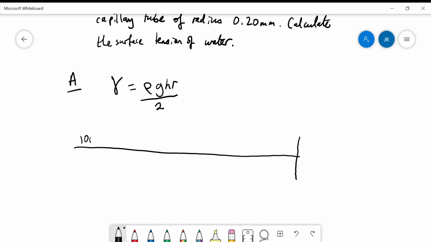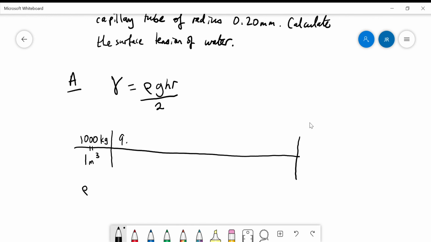I know that 1,000 kilogram is equal to 1 meter cubed. So I'm just assuming an average density of water here, so there's definitely an assumption. This would be rho, density of water. Now this can fluctuate. The exact density of water at 25 degrees is not exactly 1,000 kilogram per meter cubed, but it's an approximation.